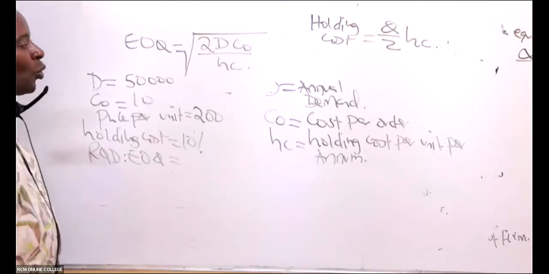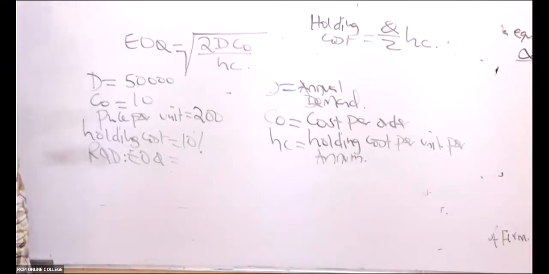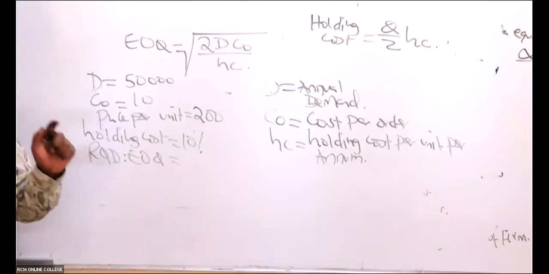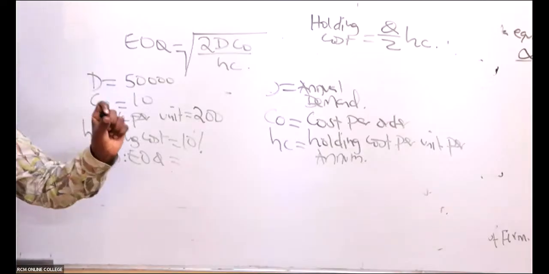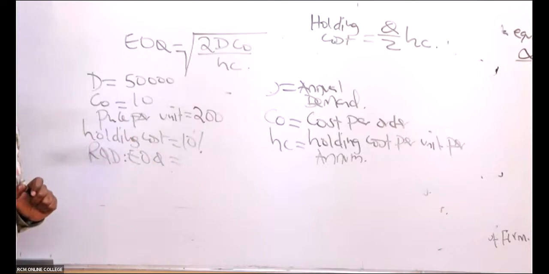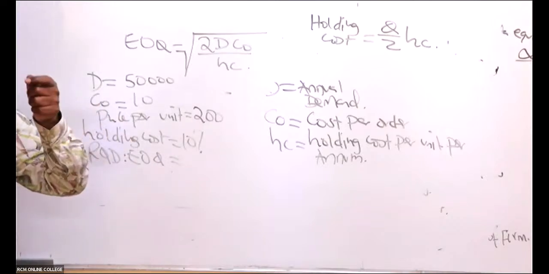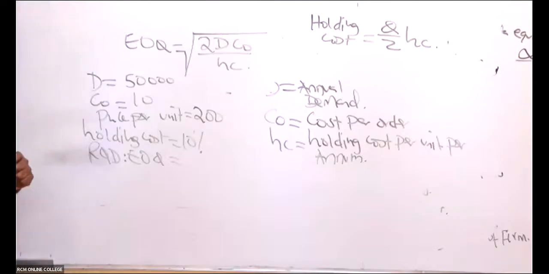One thing that you have to be quite conscious about is this holding cost whenever it is given as a percentage. Whenever it is given as a percentage, I must know it is a percentage of what? The price. Yeah, because price is the one that is being tied into the stock item. It is that price which is being held into one item because we said holding cost per unit per annum.